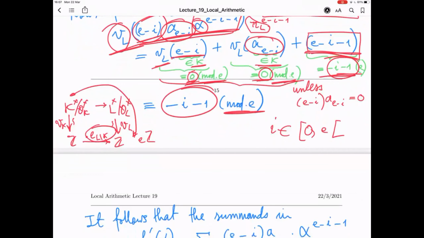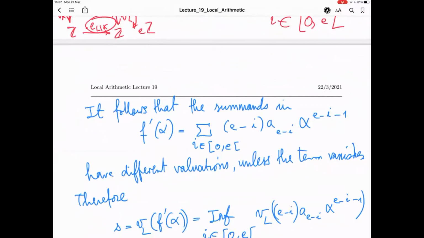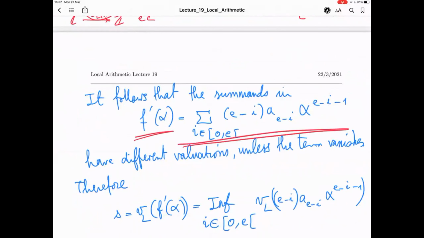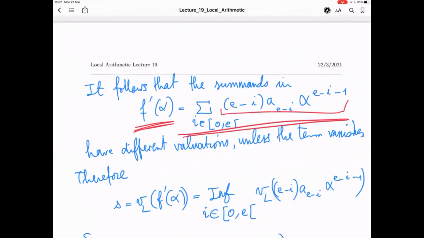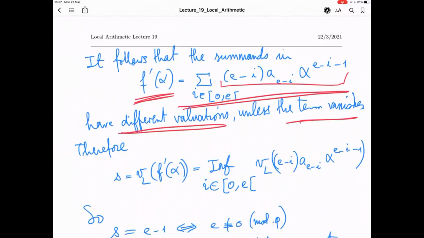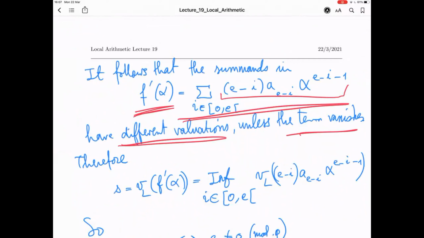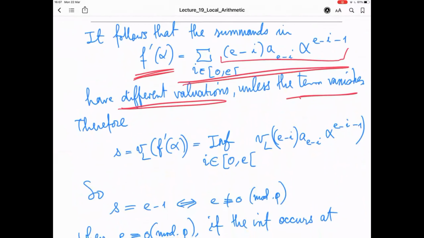Which means that in this sum, in this expression for f prime of alpha, each of these things has different valuation. They have valuations which are different from each other, unless of course the term vanishes, in which case the valuation is plus infinity, right? So ignore the terms which vanish because they don't contribute anything to the sum.